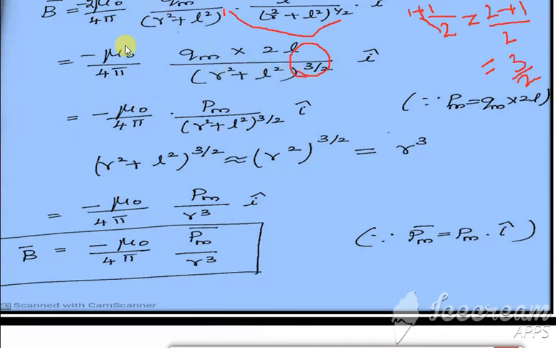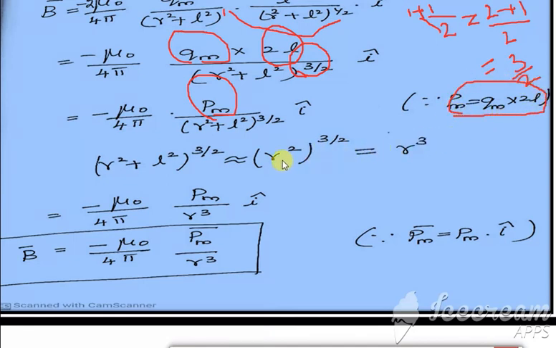The other terms are as it is, but 2 alone I am going to multiply inside, so that qm into 2l can be written as pm. We know this formula already, we have seen it in the axial line also.